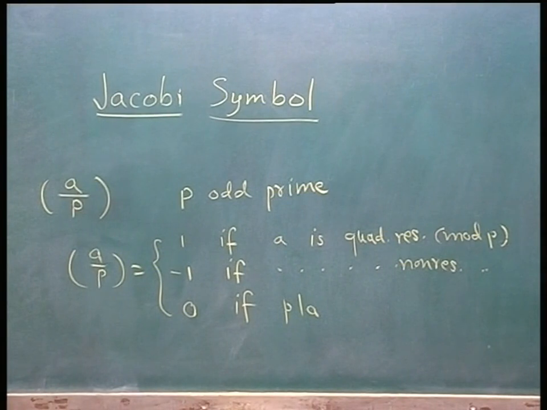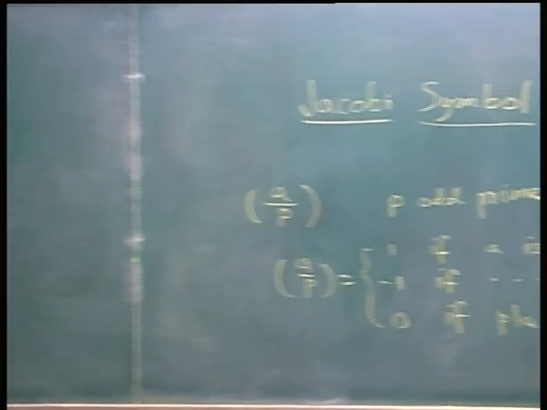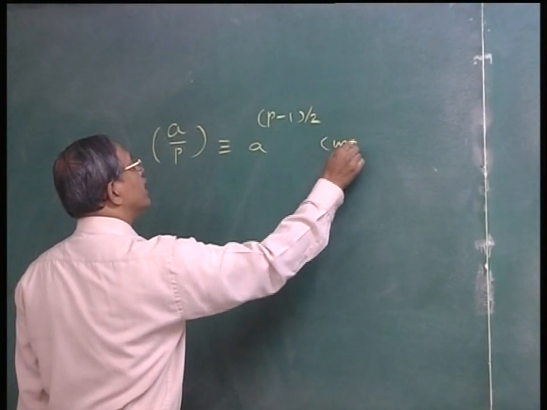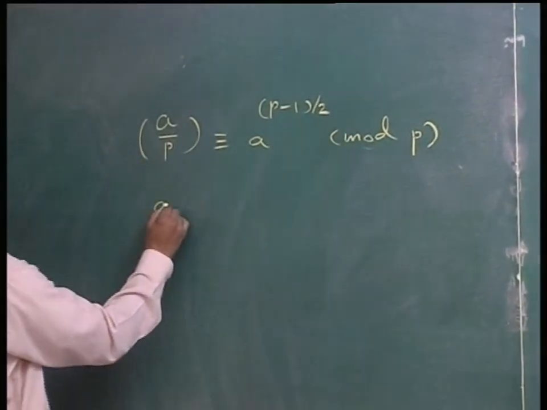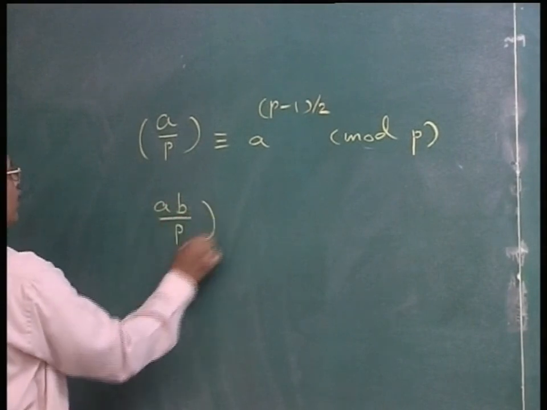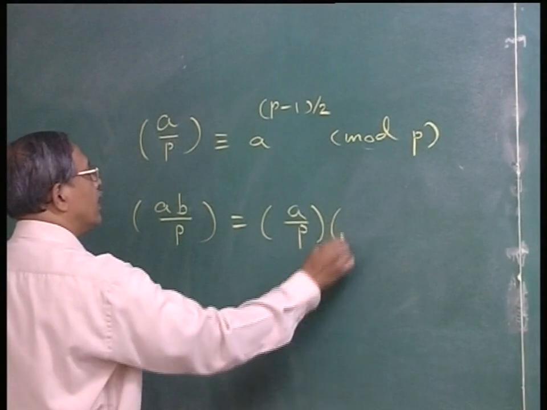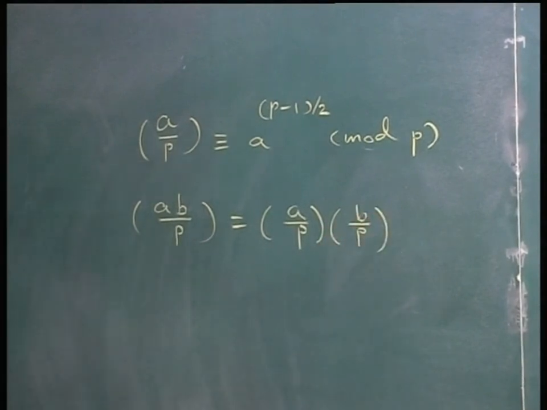Then we have seen important properties of the Legendre symbol, like A by P is congruent to A raised to P minus 1 by 2 mod P. We have seen that there is a multiplicative property, AB by P equal to A by P into B by P, like a homomorphism.